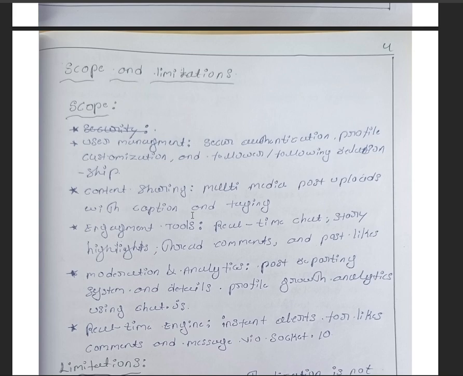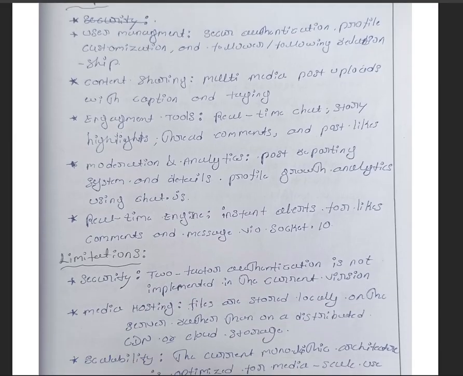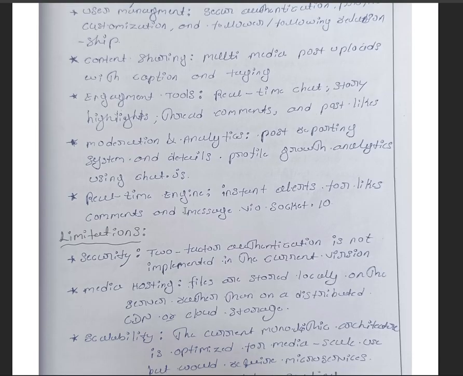Engagement tools: real-time chat, stories, highlights, threads, comments, and post likes. Moderation and analytics: post reporting system and profile growth analytics using charts. And a real-time engine: instant alerts for likes, comments, and messages via Socket.IO.